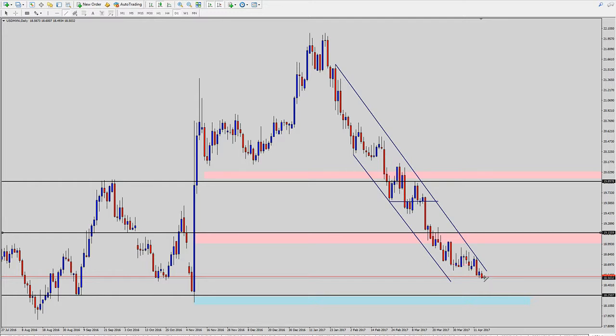For those that are holding sell trades for the long term, I'm still highlighting that 1825 zone as a good target price area to really look out for.